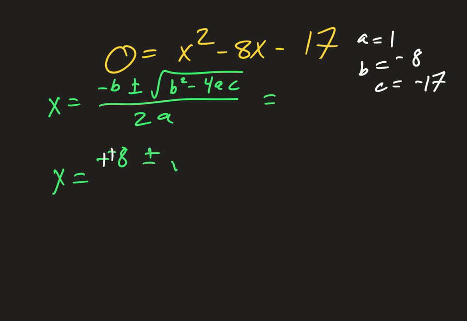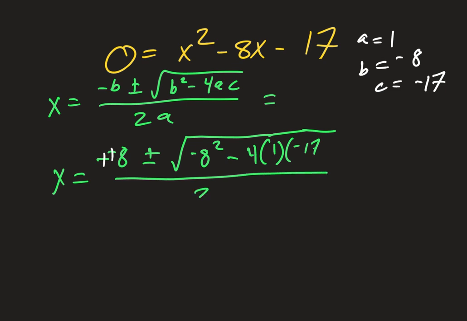Plus or minus the square root of b squared, so negative 8 squared, minus 4 times a times c. Keep extending my square root because it goes over all, and it's all over 2a. Oh, we know a. A is 1. So 2 times 1. I'm just going to write it as 2.